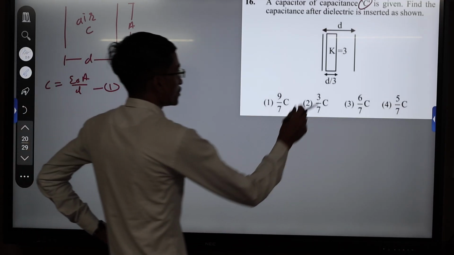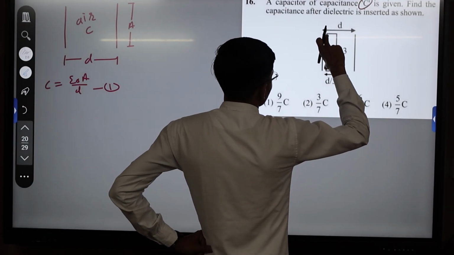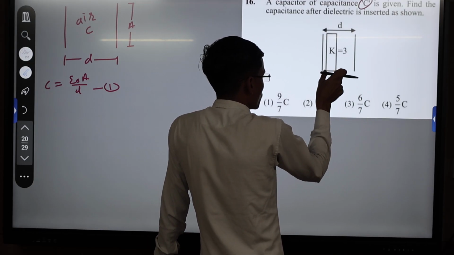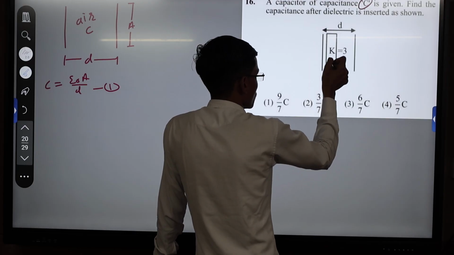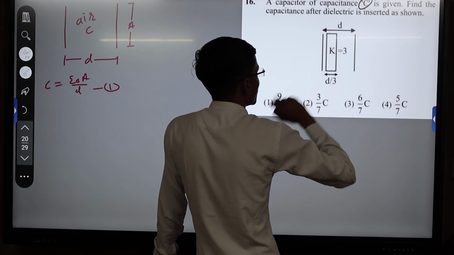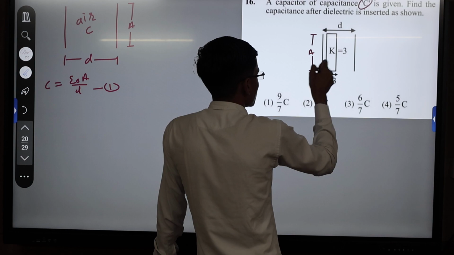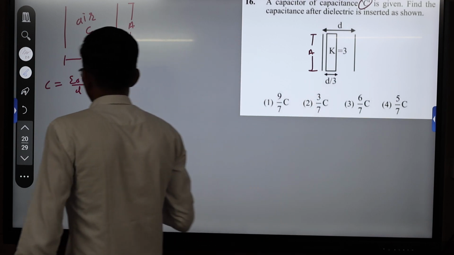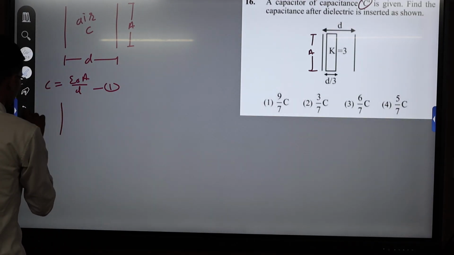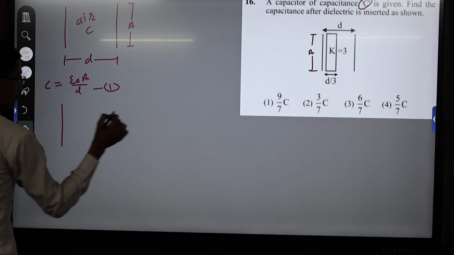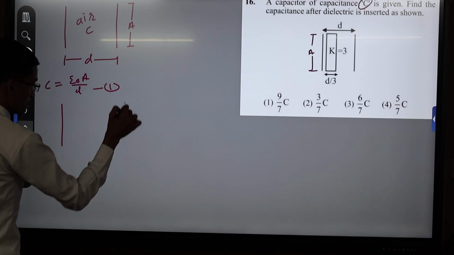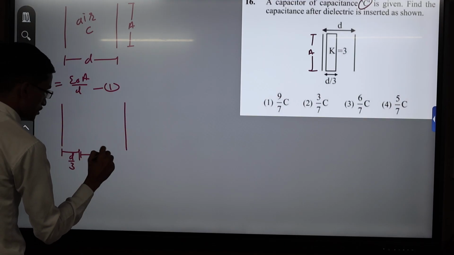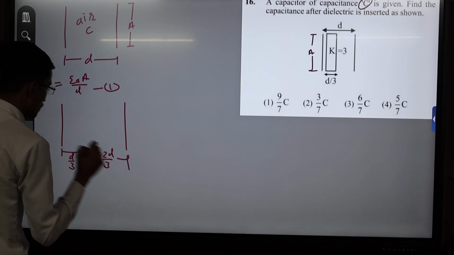Now we put a dielectric slab with dielectric constant K, and the thickness of this slab is d by 3, and the area is the same as the plates. Then we can write this diagram like this. These are two plates. Now d by 3 distance and this is 2d by 3 distance.